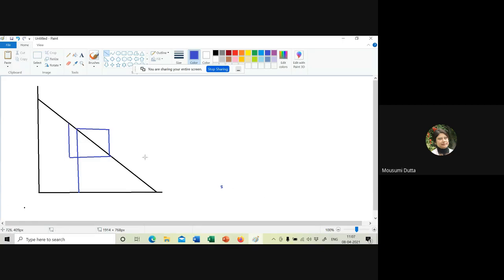Once I get these two points, first I'll join this point with this point, and this point with this point. And then finish the diagram.